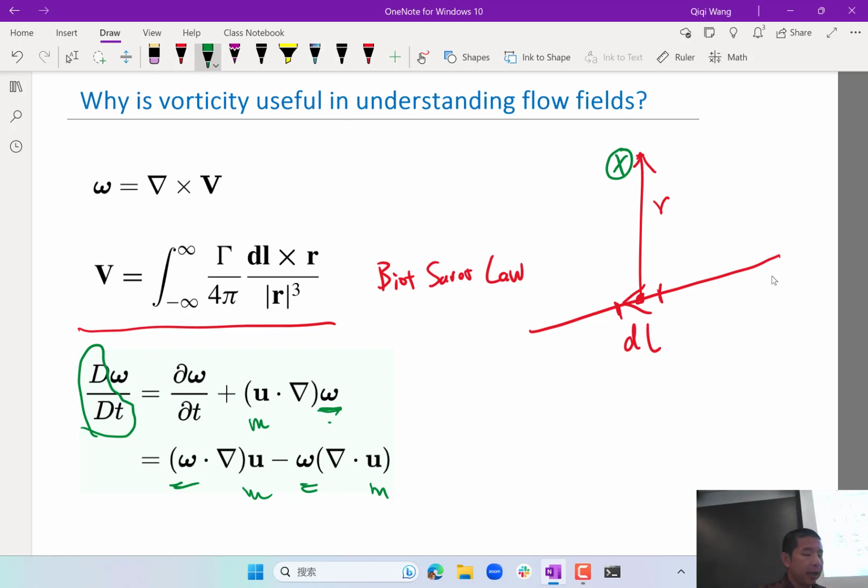Essentially you're looking at the difference between two time snapshots and two different locations, while the difference in location is determined by how the flow has moved in between these two time snapshots.